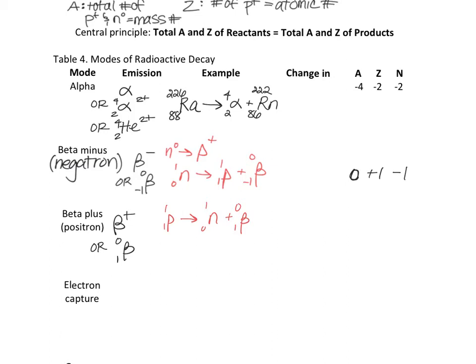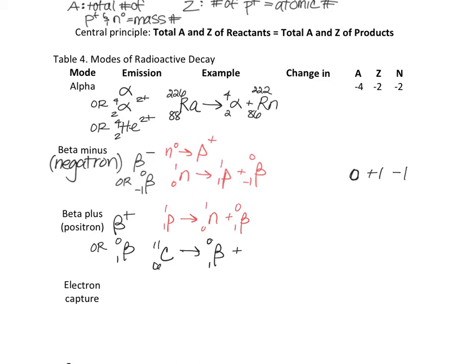Okay, an example of a balanced reaction in which a nuclide disintegrates and emits a positron may look like this. Carbon 11 gives off a positron, as one of its protons converts into a neutron.